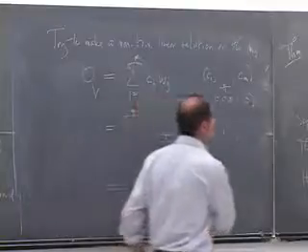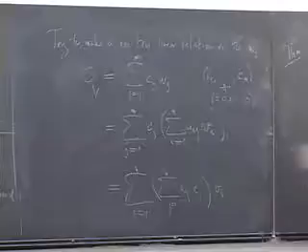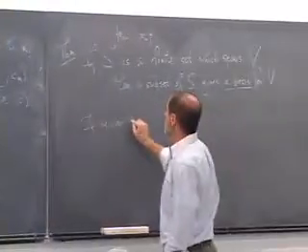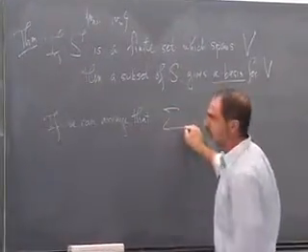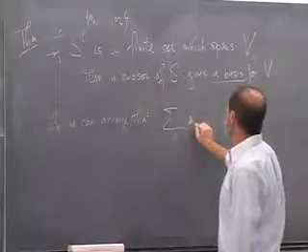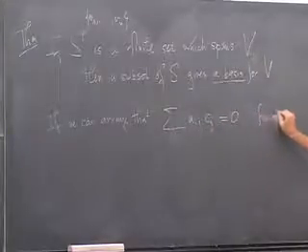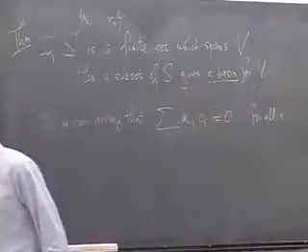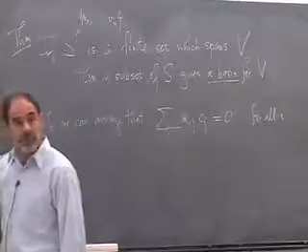Now, one way we could get this to be 0 is if all these coefficients were 0. So here's the argument. If we can arrange that the summation over j of aij cj is equal to 0 for all i, then this vector is certainly the 0 vector, because the coefficients of vi are these sums.